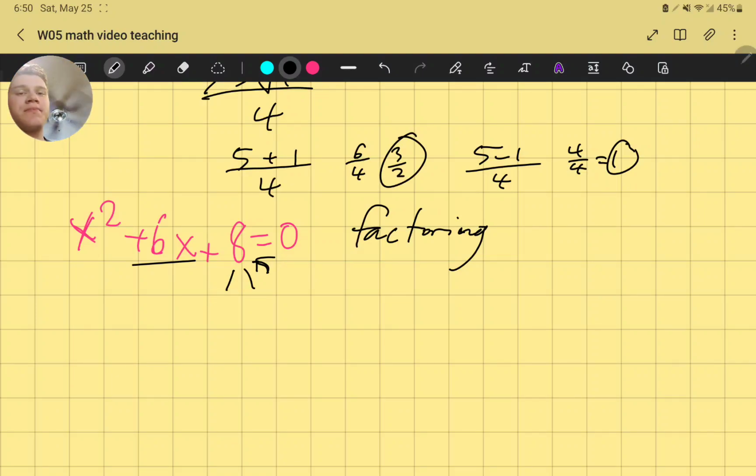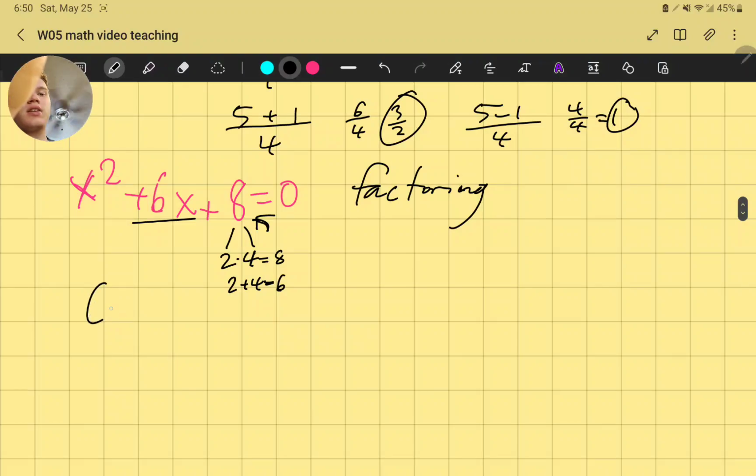So in this case, 2 and 4 seem like the best bet, because 2 times 4 is equal to 8, and 2 plus 4 is equal to 6.